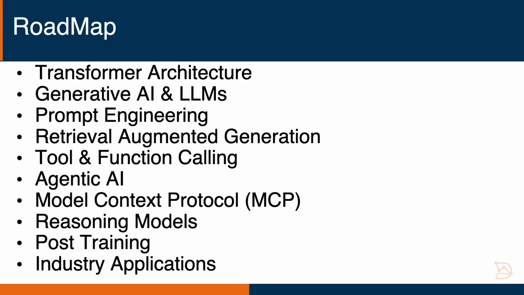Okay, so our roadmap for today is to have a real bird's eye view into exactly what has been happening in the AI world, from the inception of the transformer architecture through to what is happening today in the industry with reasoning models, agentic systems, and all these amazing features you've been seeing AI display. We are going to start off with the architecture model, moving through to generative AI.